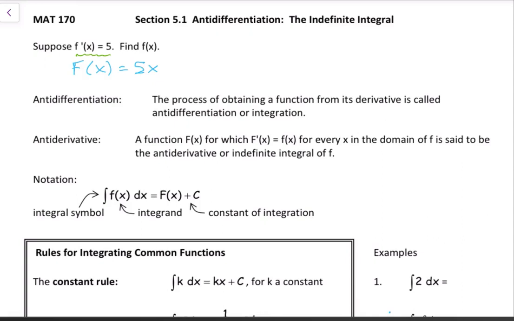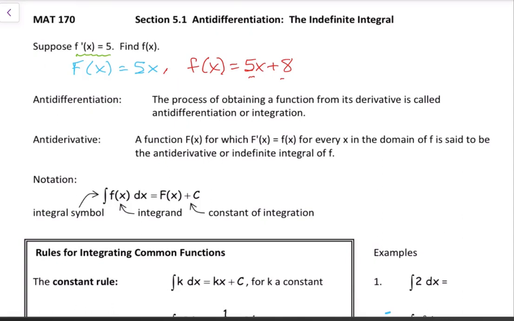So if I think of another function that would have that derivative, I could say that f of x is equal to 5x plus 8. Think about what the derivative of 5x plus 8 would be. The derivative of 5x would be 5, and the derivative of 8 is 0. So that means that's a second function whose derivative is equal to 5.